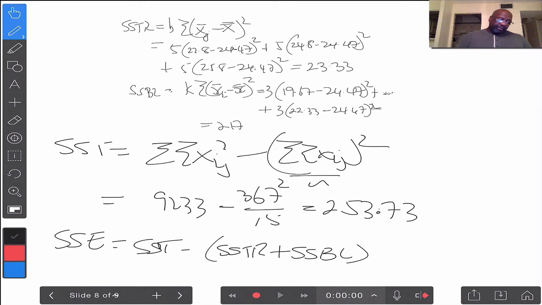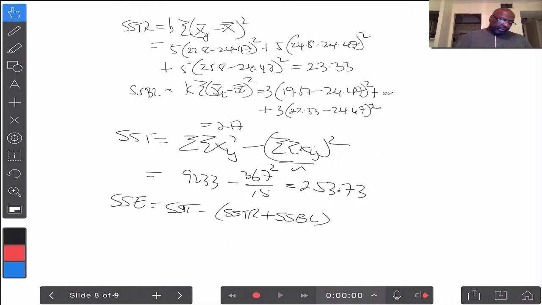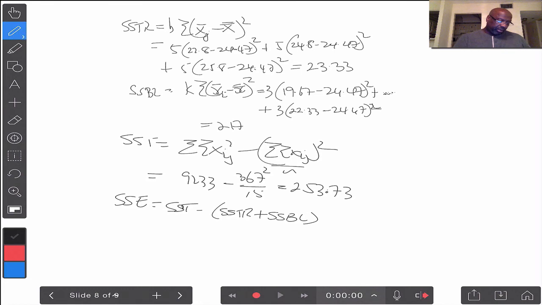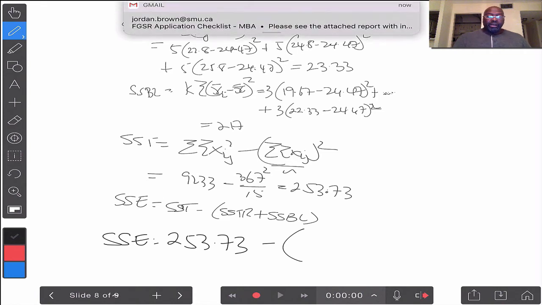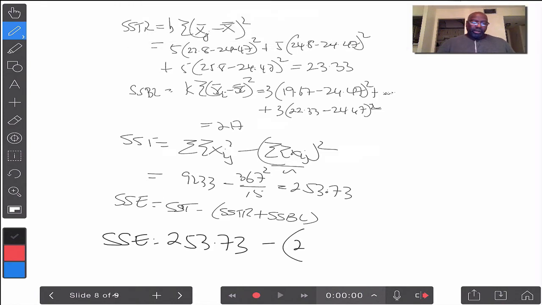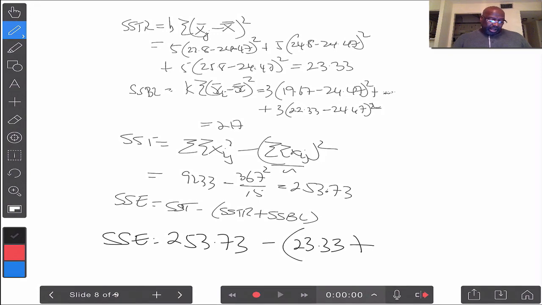Substituting the values, SSE is equal to 253.73 minus the sum of 23.33, that was SSTR, and SSBL, which is 217. And so SSE turns out to be 13.33.